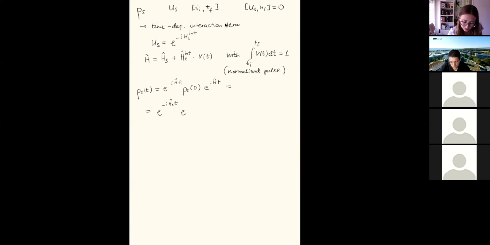First we act with the Hamiltonian of the system, and the action of the interaction Hamiltonian is written as the integral from ti to t, where we integrate the pulse during that time until time t. And here is rho s of 0, or better, I think, to write that this is rho s of ti, so the initial time. And on this side, we would have the same, but Hermitian conjugate.